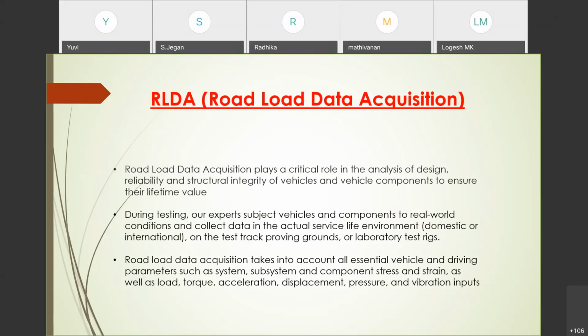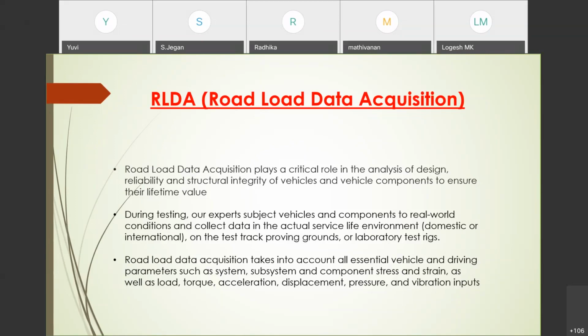Once the simulation test is completed, they come up with results stating that these are the critical structures in the vehicle which could potentially fail in the future. By keeping these data as input, we do the instrumentation in the vehicle, take the vehicle to the public road, collect the real-time data in the vehicle, and do the analysis.